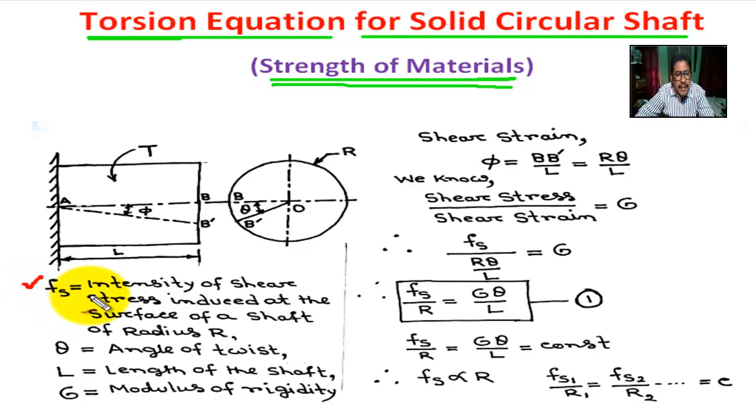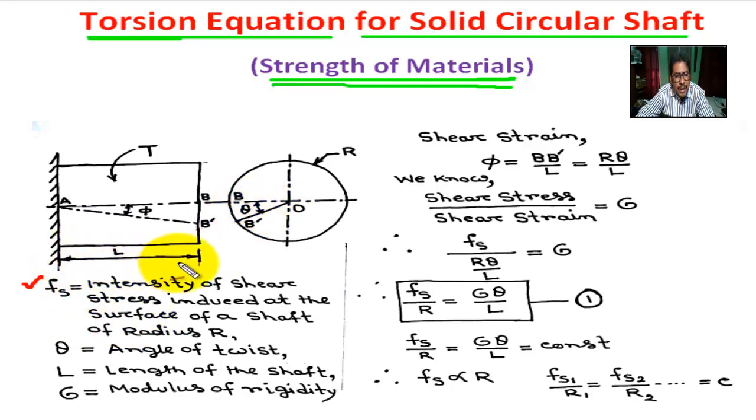Here Fs is the intensity of shear stress induced at the surface of a shaft of radius R. Theta is the angle of twist in radian.